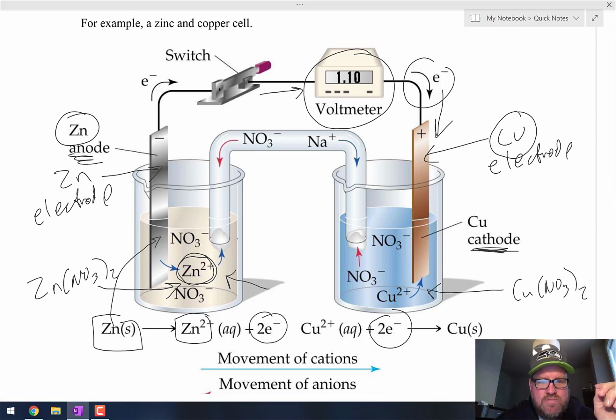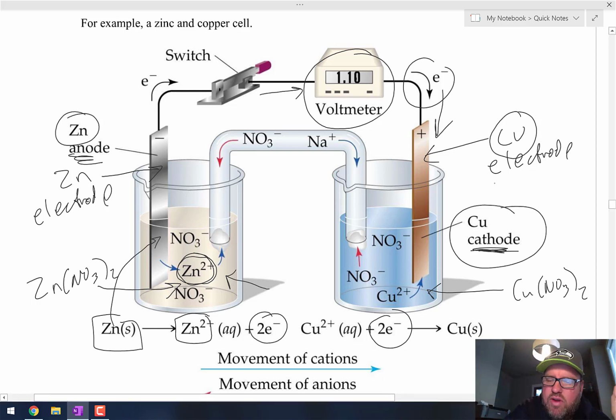Okay, on the cathode side over here, what's happening is the copper ions that are in the solution are going to start growing. It's called electroplating, or just plating. They're going to start plating onto that piece of metal, and it's going to look like the copper is starting to grow on the other pieces of copper that are there.